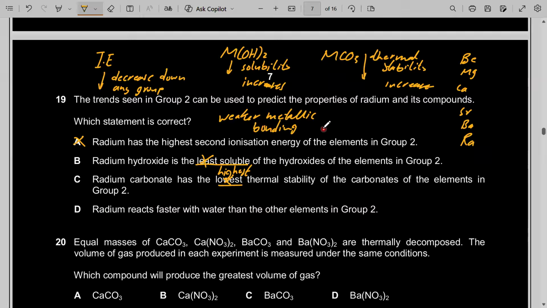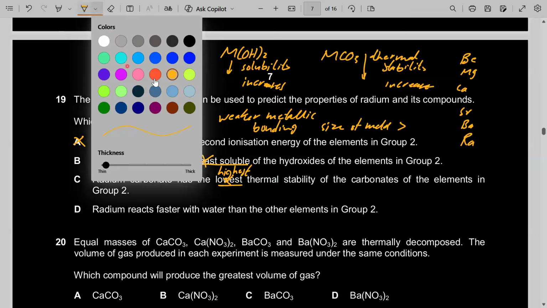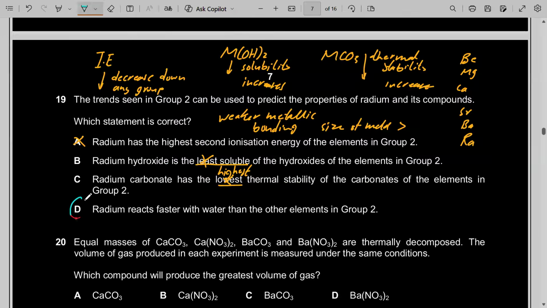As the size of the metal increases, its reaction with water increases, and that's why the hydroxide formed is also more soluble. So that's why D is the correct option.